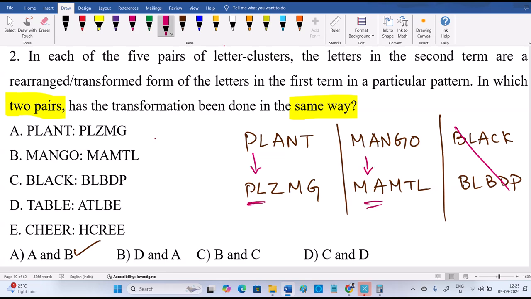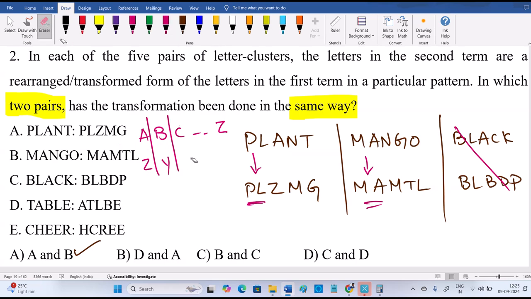Next is pairs, opposite pairs. See, if you write A to Z, then Z to A, these are actually reverse pairs. AZ is one pair, BY is one pair, CX is one pair. What is the specialty of these pairs? The sum of those two is equal to 27.